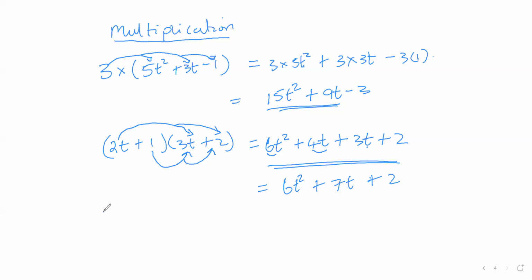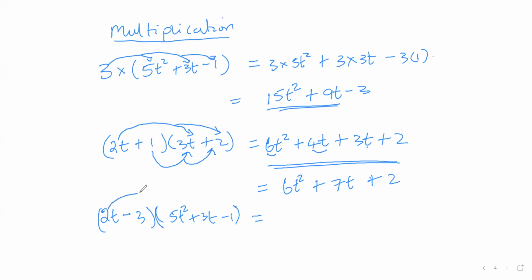Let's look at this other example, which involves 3 terms in the second expression. It says 2t minus 3 times 5t squared plus 3t minus 1. Okay, so if we look at this example, the method applies in the same way.